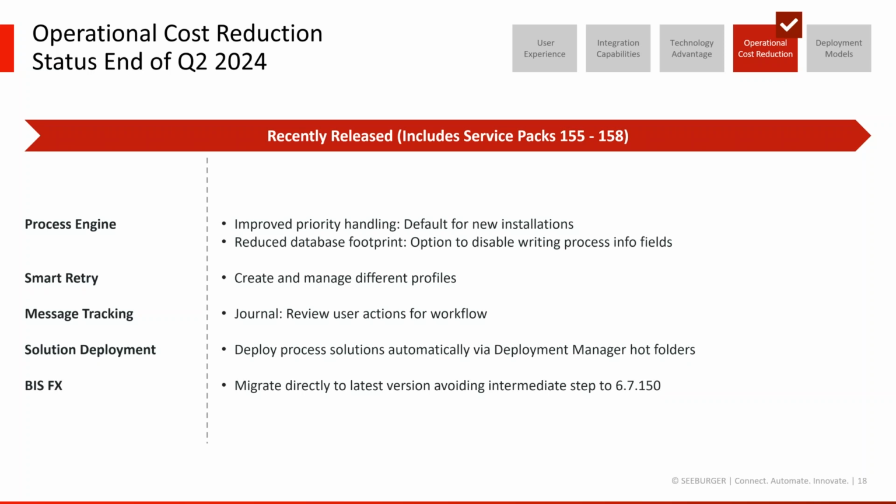And it is possible to solely rely on the process monitor that has its own persistence outside of the database. So this just brings us closer to the goal to really have all the runtime data be removed from the underlying database, just to make this footprint that we have on the database ever smaller and reduce the cost here.